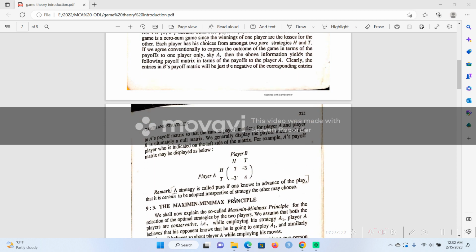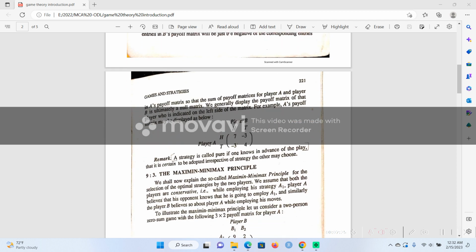We are going to fill this matrix. For head and head, both heads appeared, then B will pay rupees 7 to A. This 7 is a gain for player A, so we mark it with plus 7.